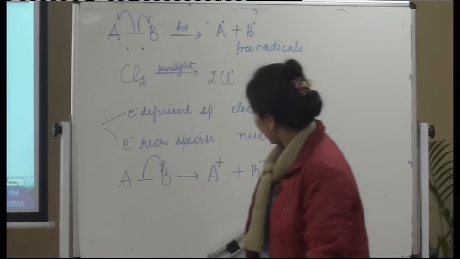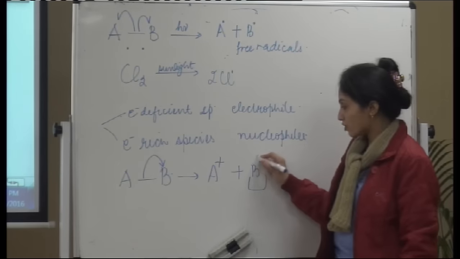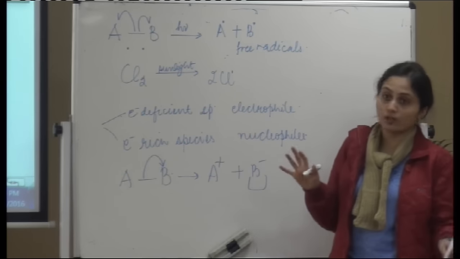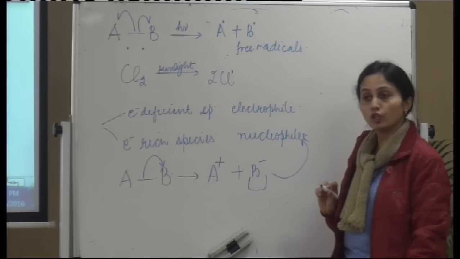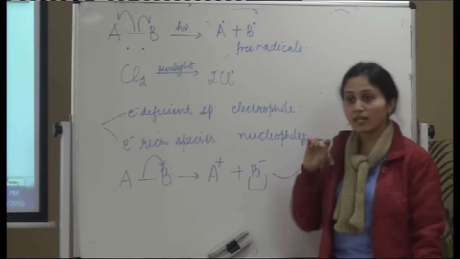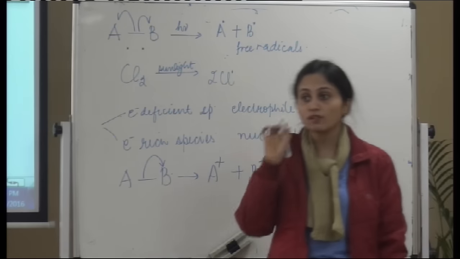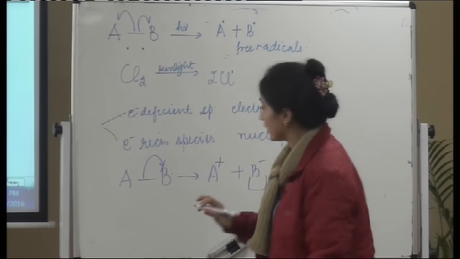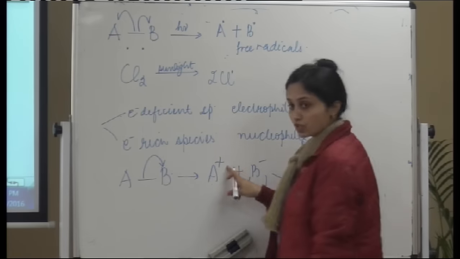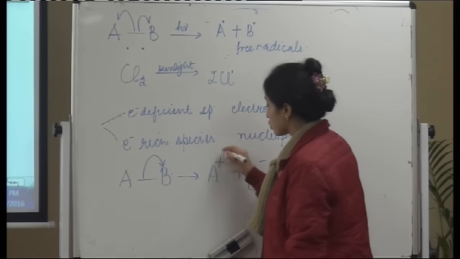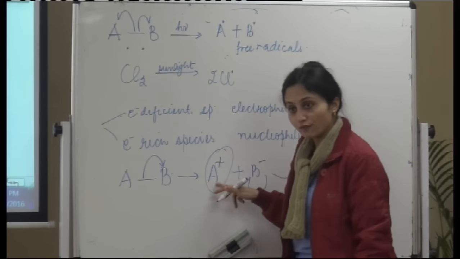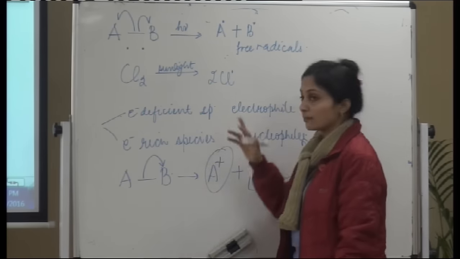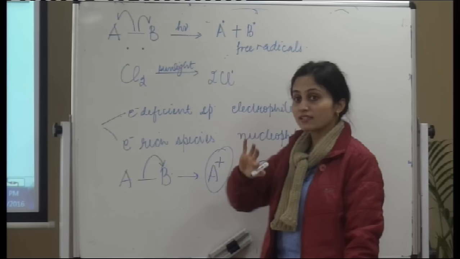Now B, which has a negative charge, has more electrons, so this will be your nucleophile. All the negatively charged species are nucleophiles only, and the ones which have a positive charge are electrophiles. This is an electron deficient species. Many times it is a misnomer and students get confused.